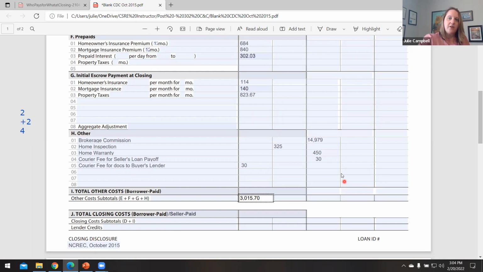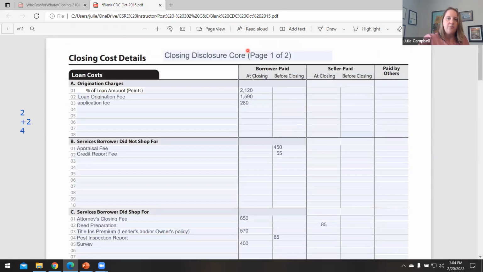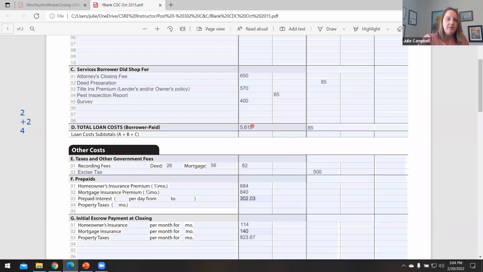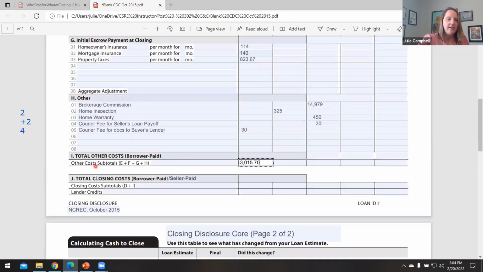And then the last thing I'm going to do, in my buyer paid at closing, is add D plus I. And that's what J tells us right here. J is what? The sum of D plus I. Again, knowing the disclosure, it tells you what to do. It gives you the formulas, but you just got to spend time with it and get familiar with it.